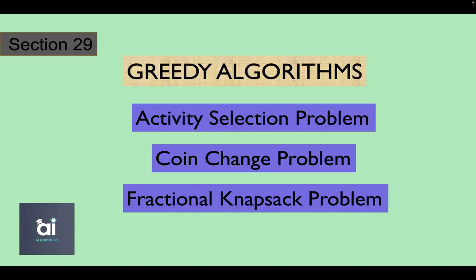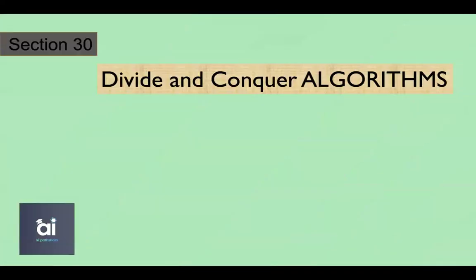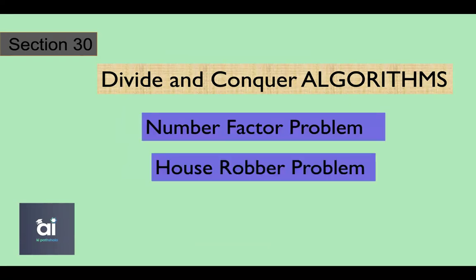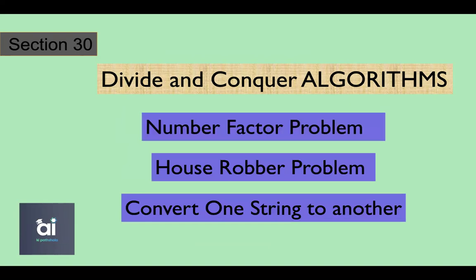Then the next section is divide and conquer algorithms. Here I will talk about main properties of divide and conquer algorithms, and we will learn how we can identify and solve problems using the divide and conquer approach. Then we will solve problems like the number factor problem, house robber problem, and convert one string to another string.